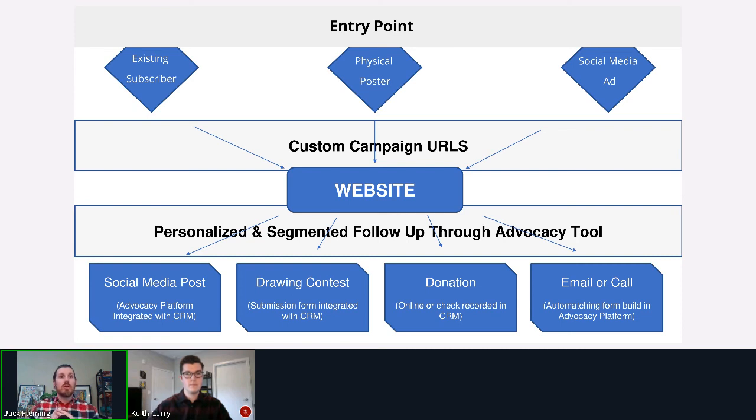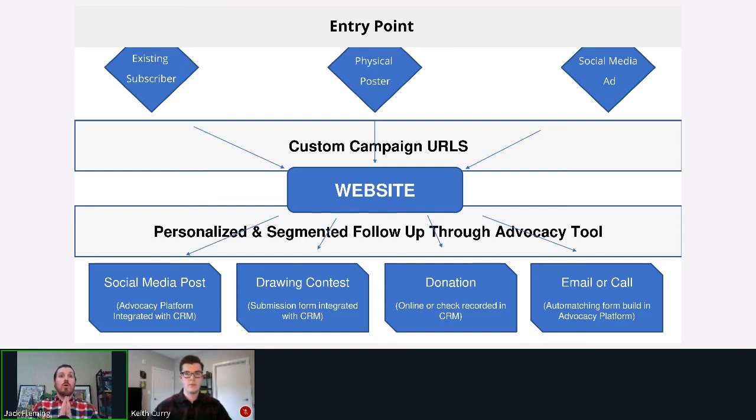We use that Facebook retargeting pixel to target only people who have clicked on the ad and landed on our landing page to then send them follow-up messages about, hey, thanks for supporting lemurs. Tell your state representative that they need to increase funding because of this, and this. But those are only going to people that we know came from social media because we feel like they're more apt to take action through social media.